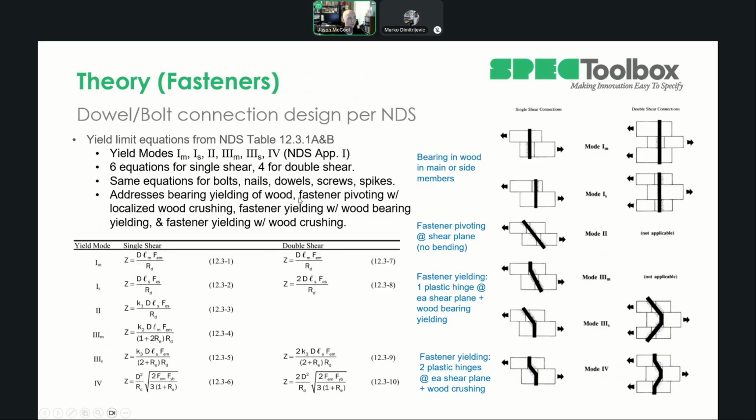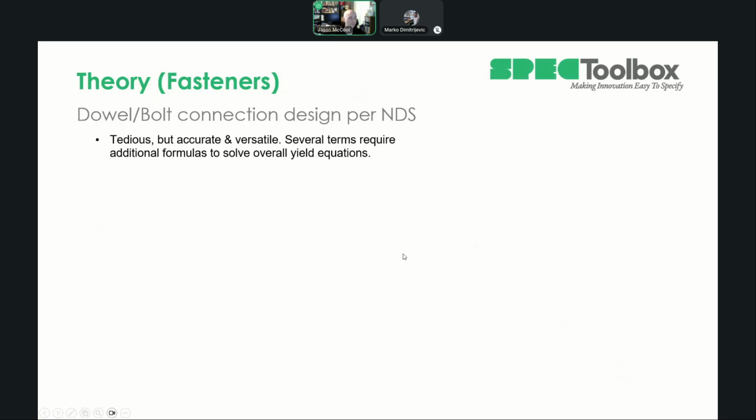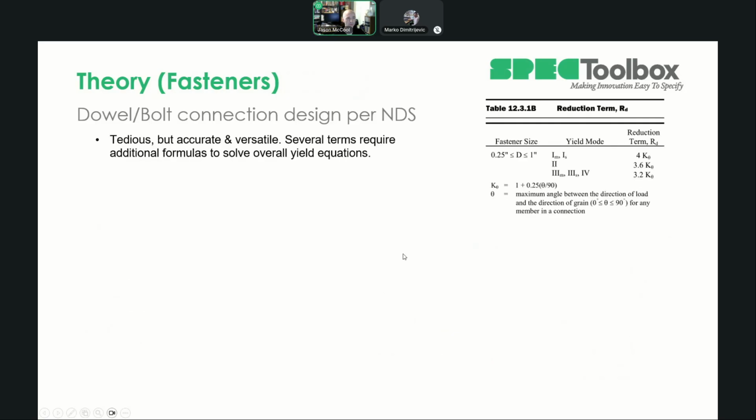Mode 2 is fastener pivoting with localized wood crushing, so there's no bending in the fastener in that one. And then fastener yielding with wood bearing yielding, and fastener yielding with wood crushing, are modes 3 and 4. Those are differentiated by having one plastic hinge at each shear plane, or having 2 plastic hinges at each shear plane. Now, the formulas themselves are pretty basic, but they do get a little more complicated once you start adding in all these different terms.